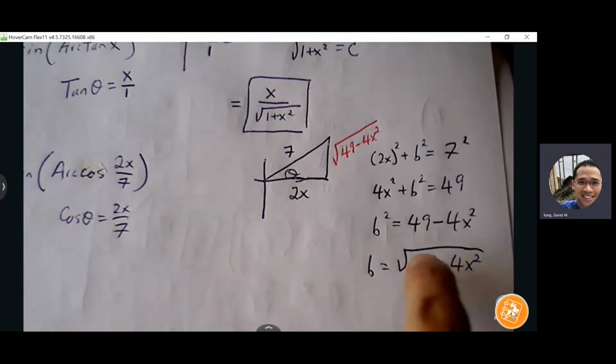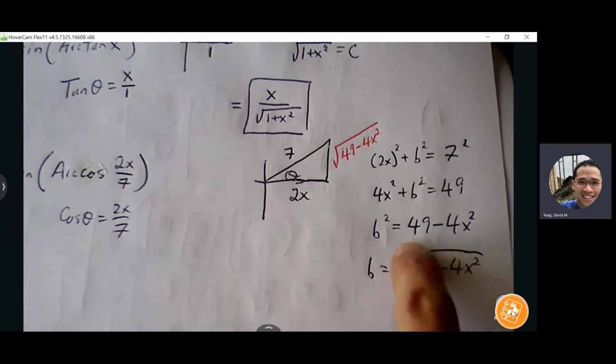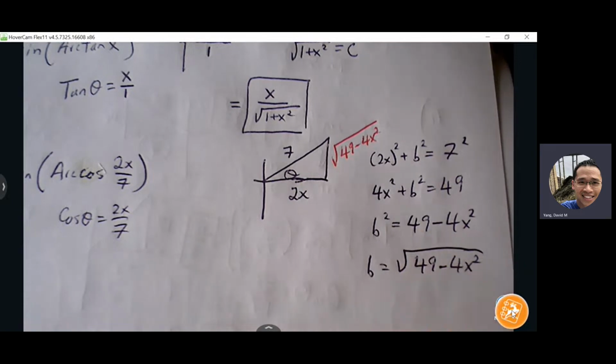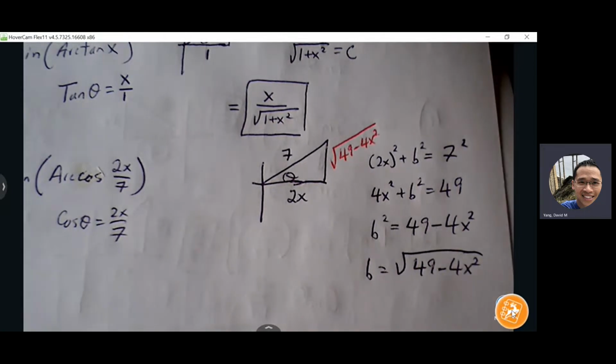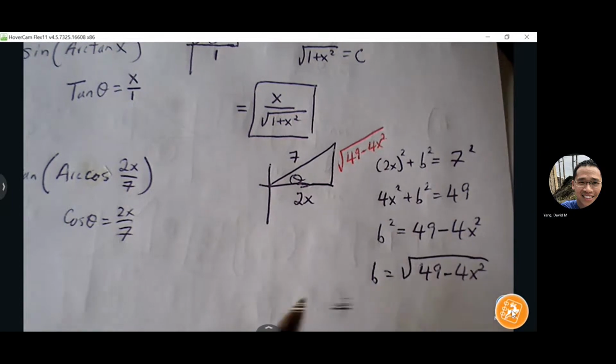Now, you may be tempted to take the square root of 49 and the square root of 4x squared and make it 7 minus 2x. But there's a minus sign in between, so that prevents us from being able to clean it up the way we would like to. If it was multiplication, then that's fine, but that minus sign prevents us from cleaning it up. So it's kind of stuck in this form.